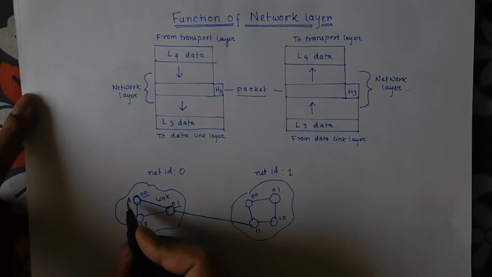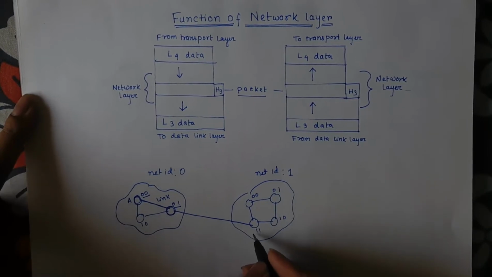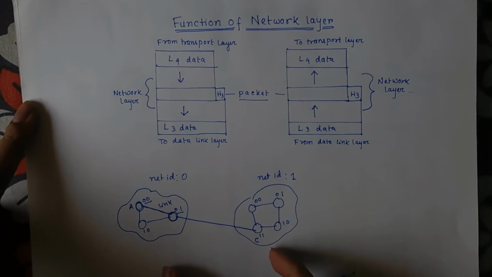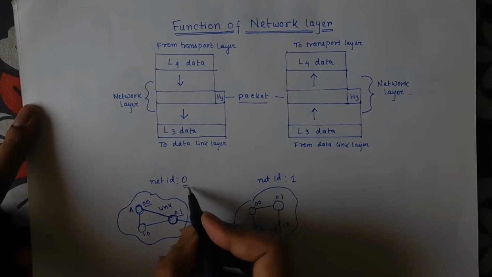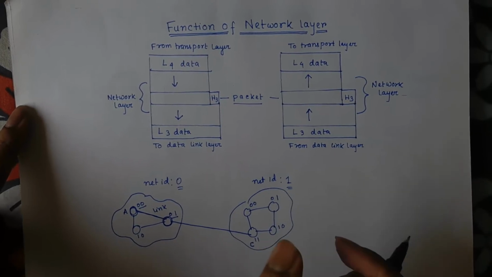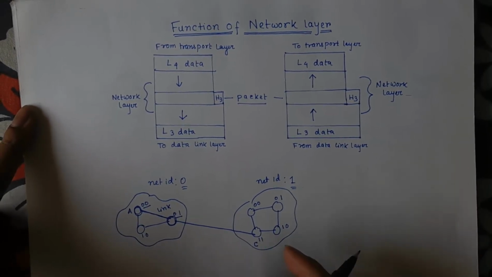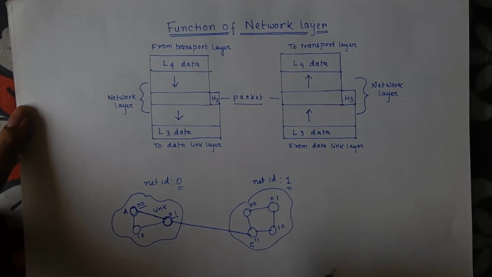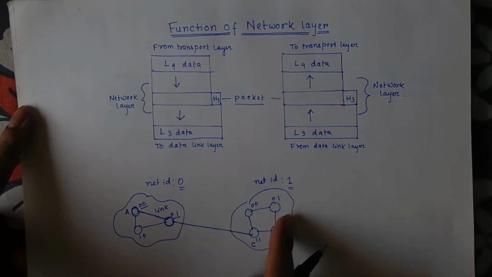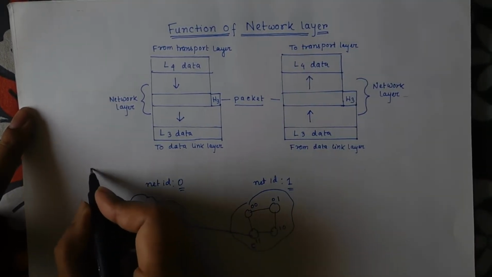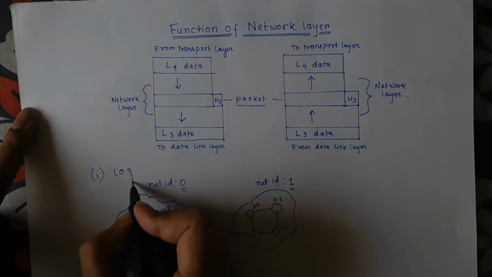Now we want to send data from A to, suppose this is C. They are in different networks, so we use the network ID or net ID. This is called the logical address, and logical addresses are provided by the internet service provider, and this logical address is maintained by the network layer. So the first function of network layer is logical addressing.